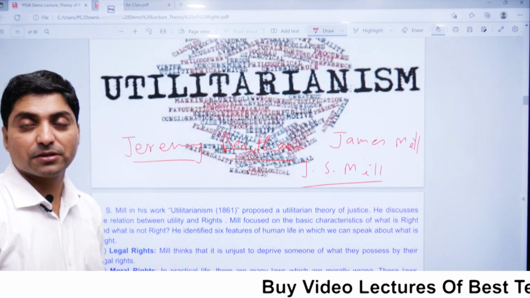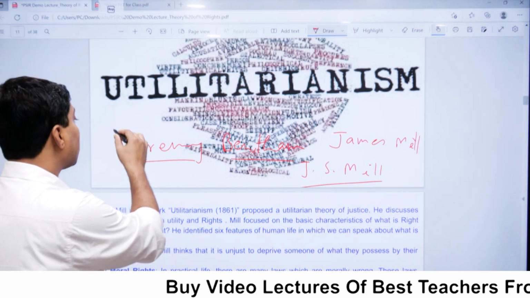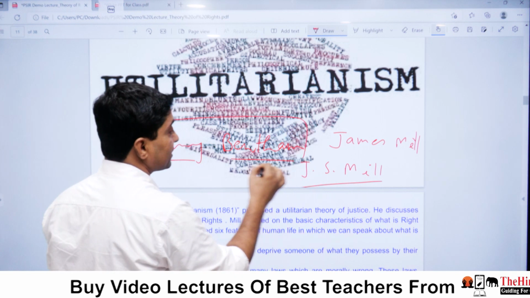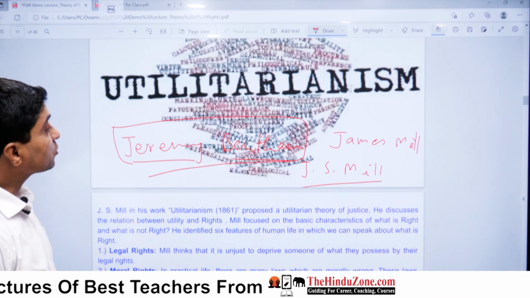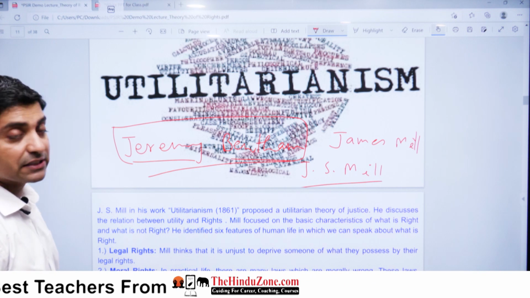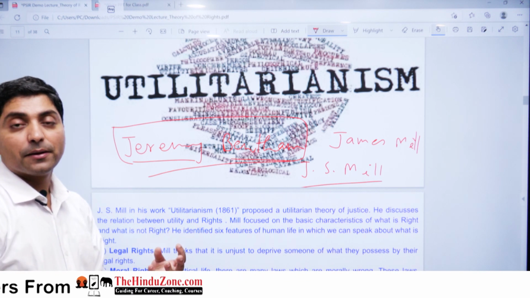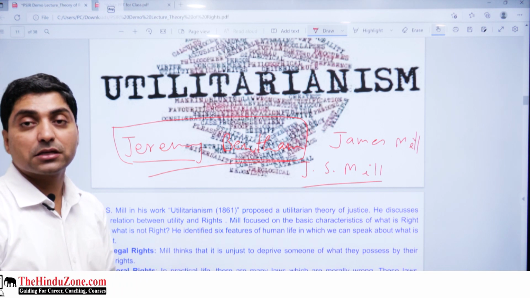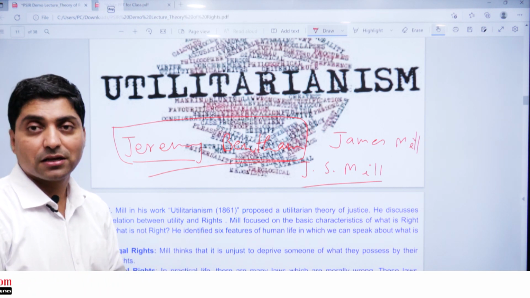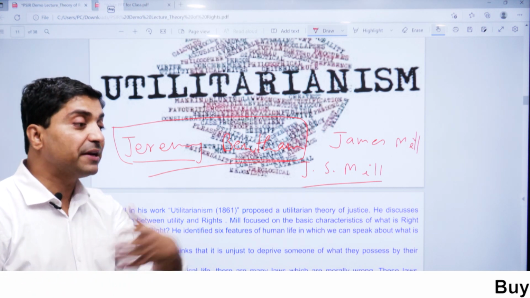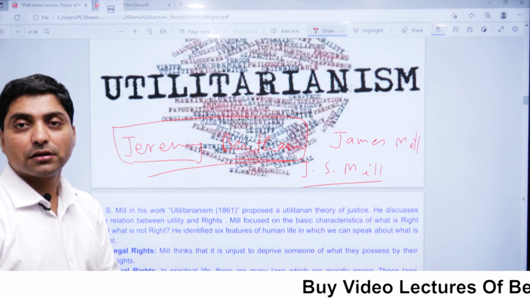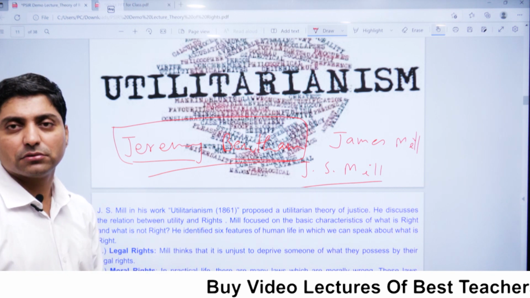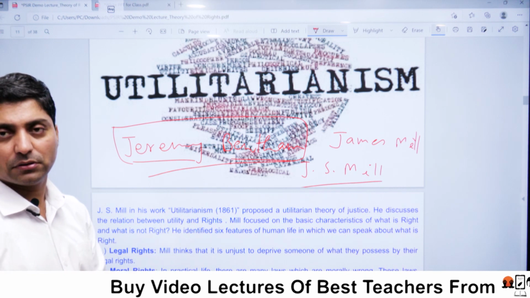What does Bentham talk about? Bentham was a great jurist, a great scholar of law. What did he say about utilitarianism? He said that if government can make policies that give happiness to the maximum people, then it is okay that we can ignore the minority or few people, right?